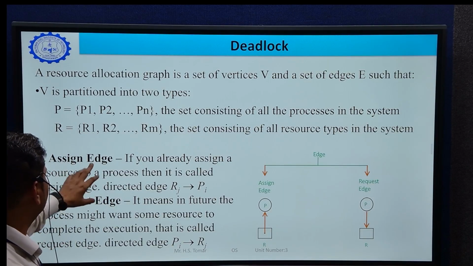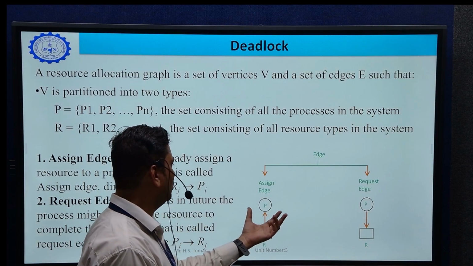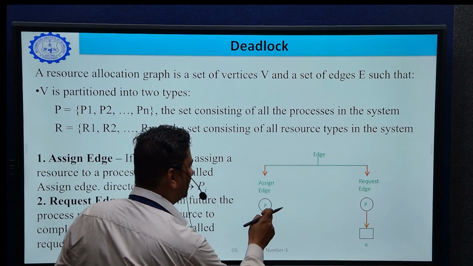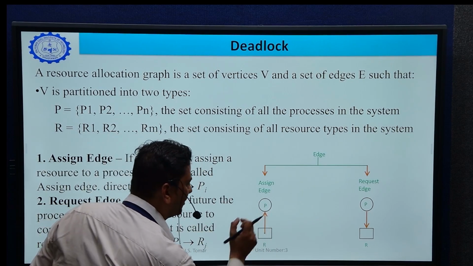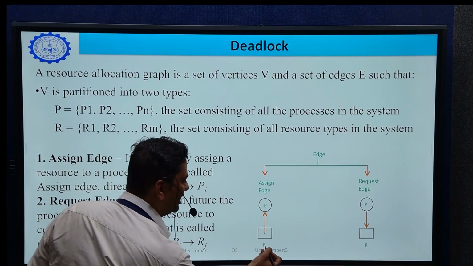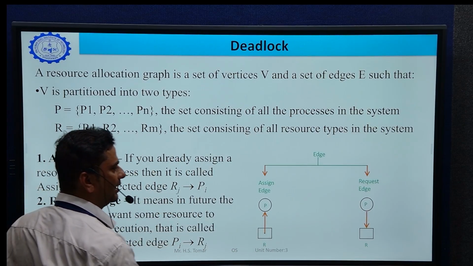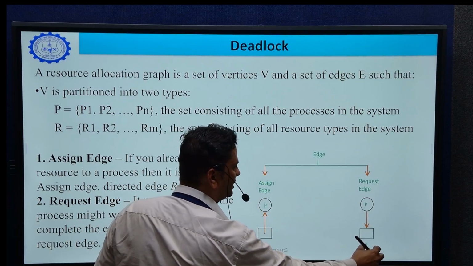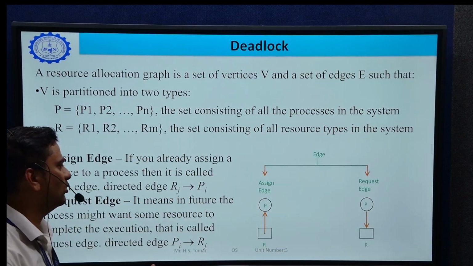In this diagram, it is very clear to all of you that P1 is a process which is holding the resource R. Another process P is requesting some resource R. So this is the resource allocation graph.